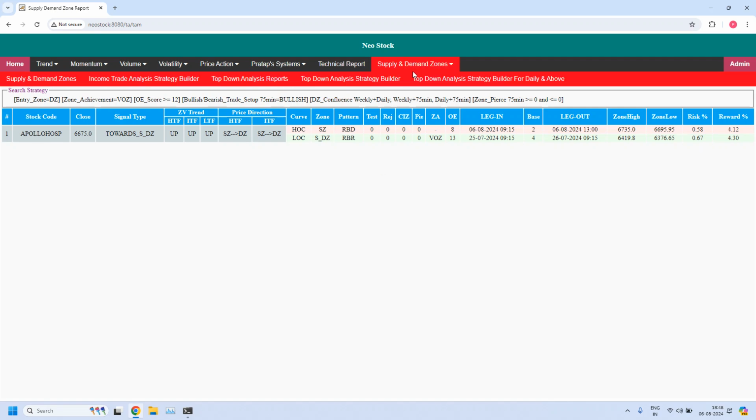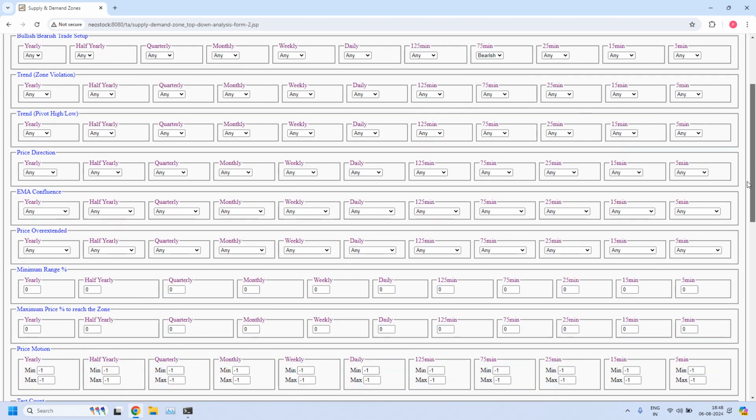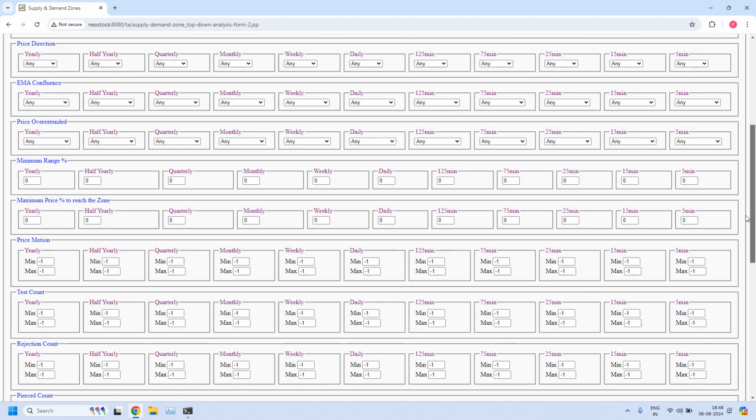Okay, next report is a bearish trade setup for weekly income trade. For weekly income trade, entry time frame 75, entry zone supply zone, bullish or bearish trade setup, 75 minutes time frame. I am selecting bearish, and the pierced count for 75 minutes supply zone should be 0.